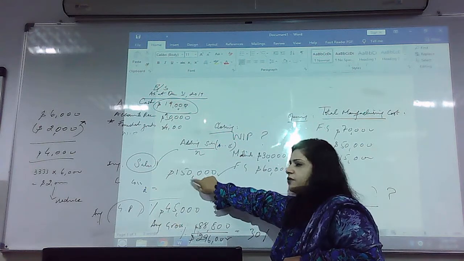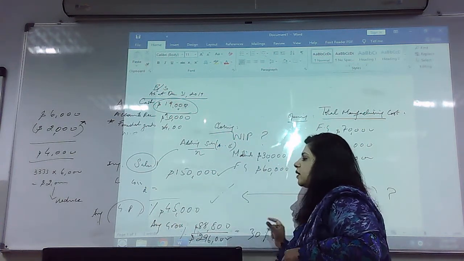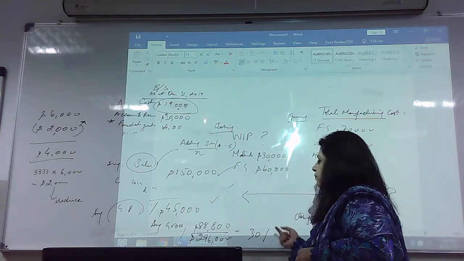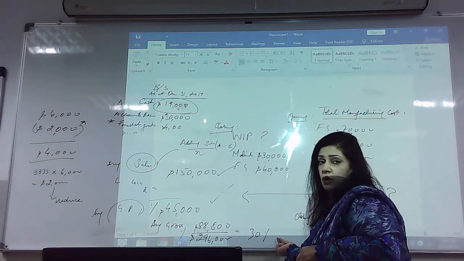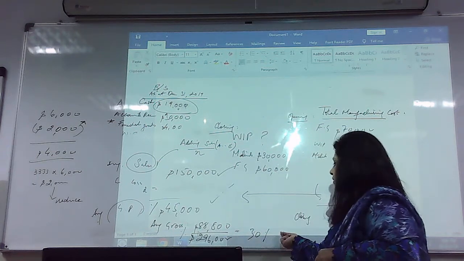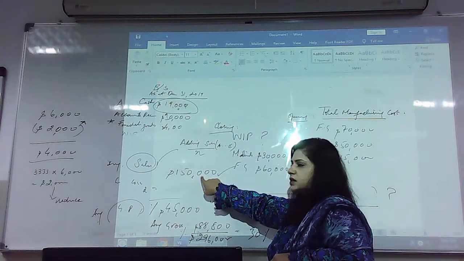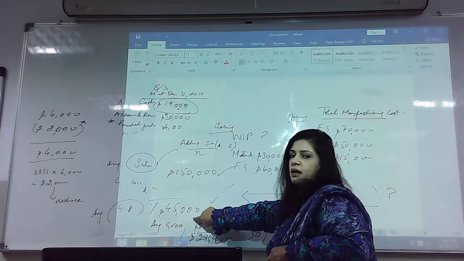Then using this sales figure, I'm going to find out the cost of goods sold by determining the percentage of the gross profit. So in this case, I figure out that for the average gross profit of the last 5 years, it was 30%. How? Dividing the gross profit average by average sales, and I get the average rate as 30%. Now this percent I multiply with this, 150,000, and I get 45,000.